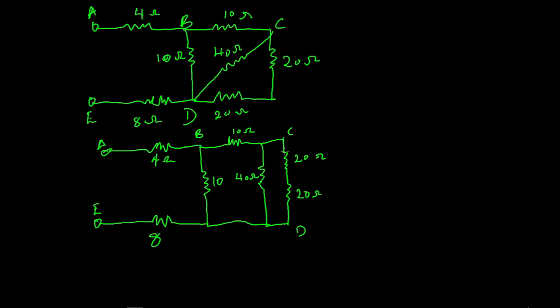Now, considering this circuit, these two 20 ohms resistors are in series. So that means the effective resistance of this branch is going to be 20 ohms plus 20 ohms, and that is going to give us 40. In that wise, we can simply replace these two resistors with a single 40 ohms resistor.